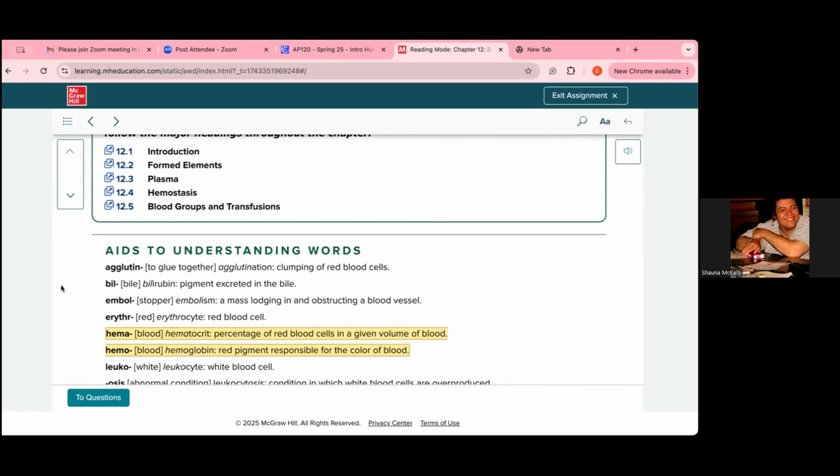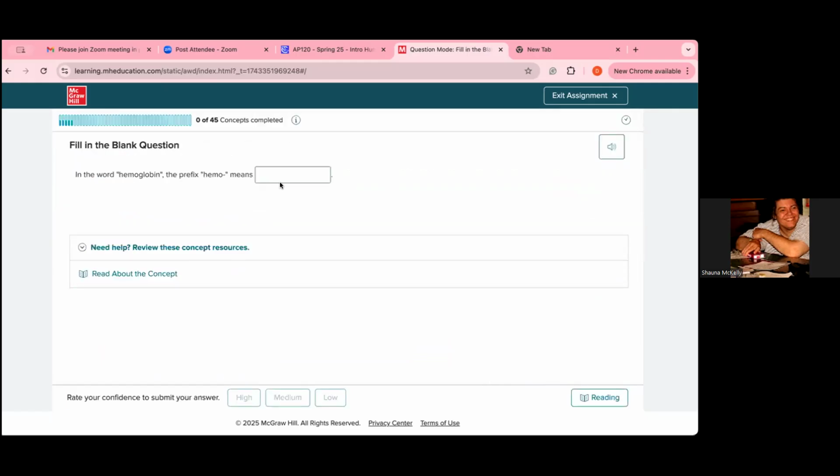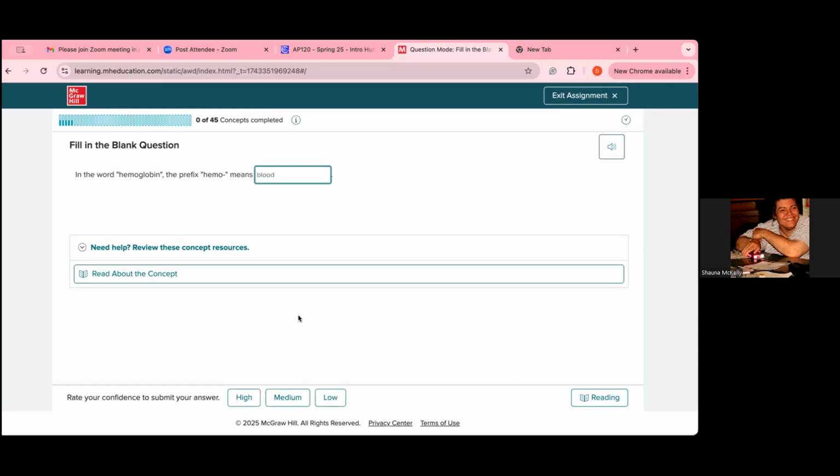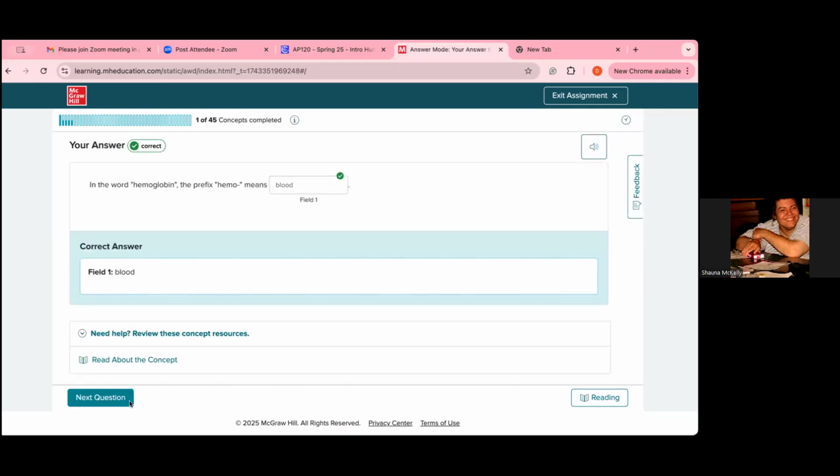So the hemo means blood, and then I guess the other must be like the red pigment, but hemo means blood. So there you go. Okay.